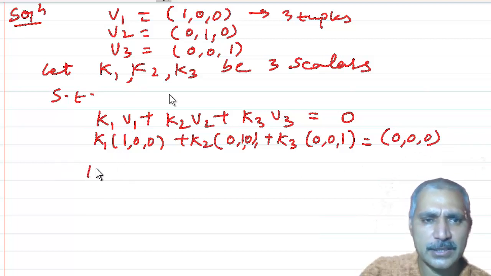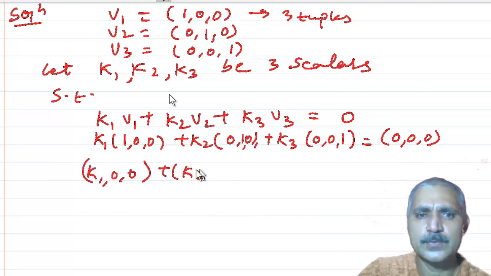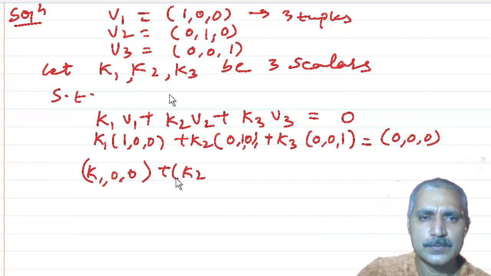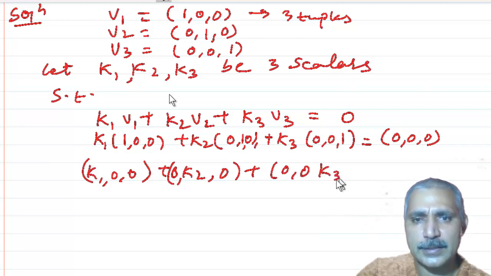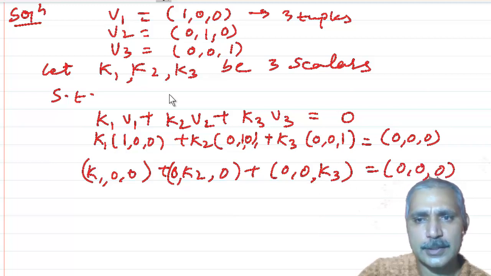k1 will go inside. It will become k1, 0, 0, plus k2 into the vector: first element is 0, 0 into k2 will be 0, and k2 into 1, then again k2 into 0 will be 0, plus 0, 0, and k3, that is equal to 0, 0, and 0.